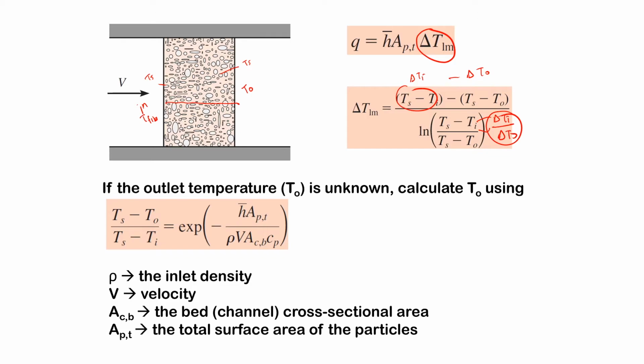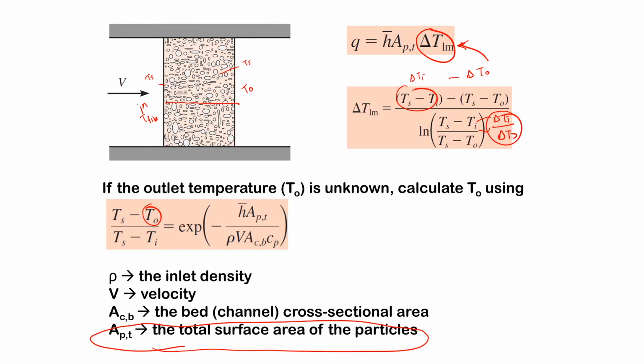And after we have the log average, you can calculate the heat transfer rate. Okay, so A P is the total surface area of the particles. And if the outlet temperature is unknown, you basically use an exponential equation similar to the one that we had.